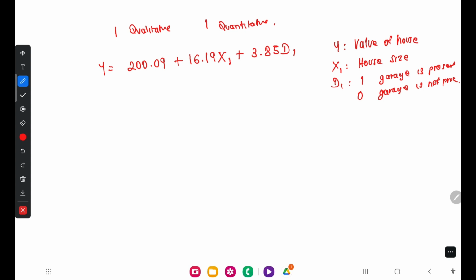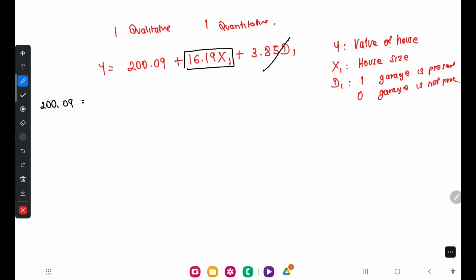Alright. Now here we have to be careful because we have included a quantitative variable as well. Now when we are interpreting the intercept, that is 200.09, if this dummy variable was not there, how would we have interpreted this 200.09?